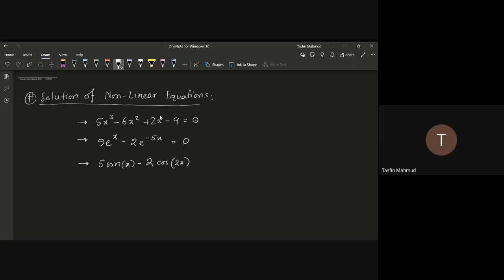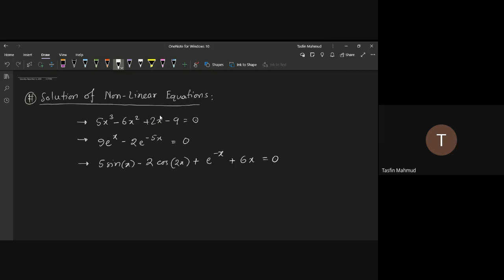Also we may have some exponential term like e power minus x, and some polynomial term like 6x equals 0. So our task is to find the value of x for these equations. We have to find the roots.